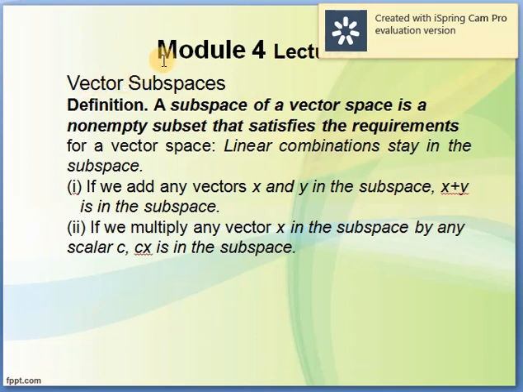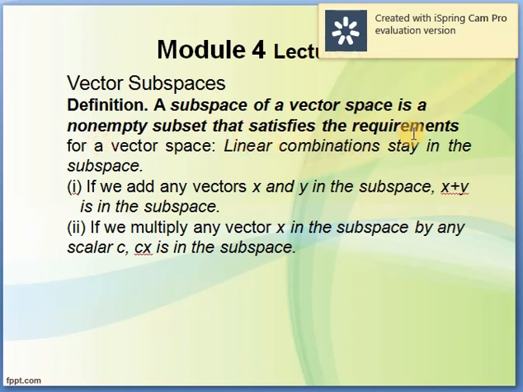So a part of a vector space can be a subspace, but to be a vector subspace, it should satisfy the axioms. A vector subspace is a non-empty subset which satisfies the requirements.